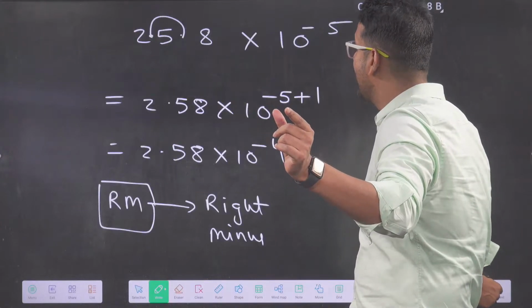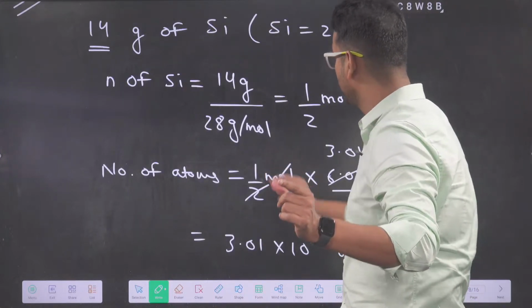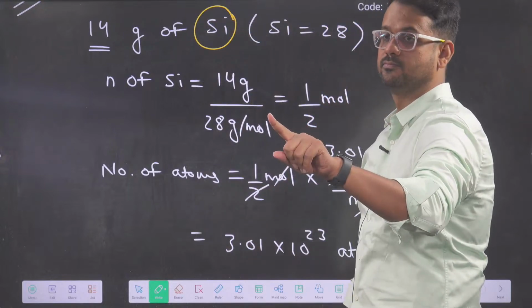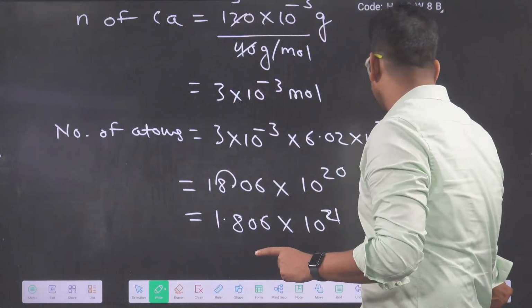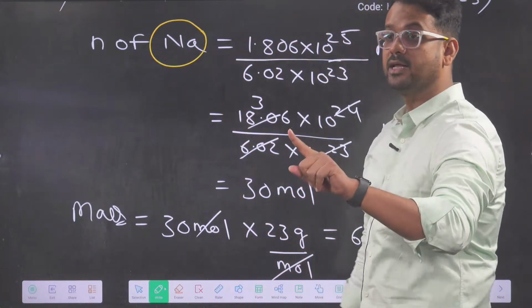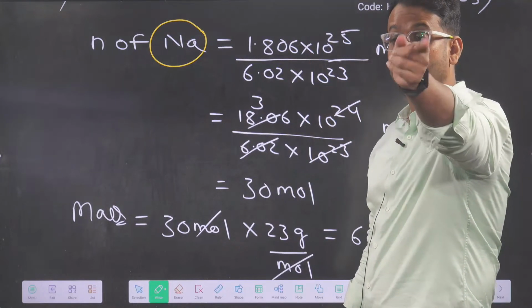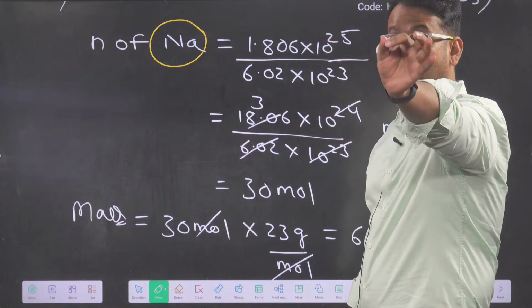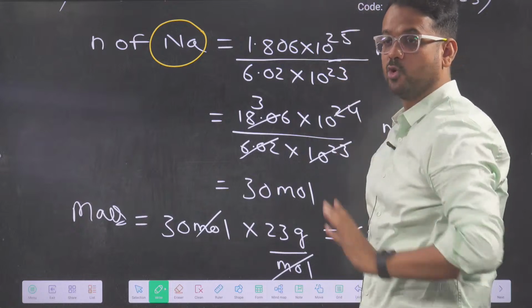Similarly, I gave you silicon, which was an atom. Then I gave you sodium, which was an atom. When I was giving you atoms, I was asking you for the number of atoms. Find the number of atoms in this much helium, in this much sodium.